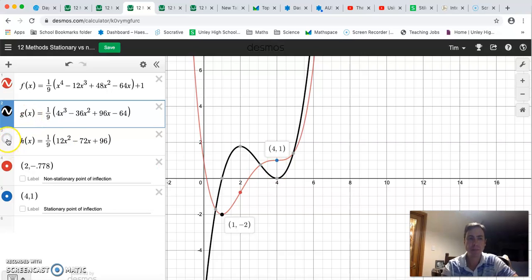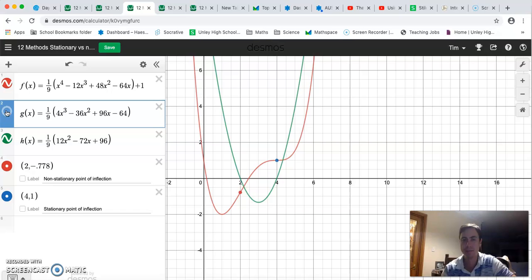So the key takeaway for this video, I'll say it one more time. You can tell the difference between non-stationary points of inflection and stationary points of inflection by looking at both the first derivative and the second derivative. The second derivative, when you set that equal to 0, you will identify points of inflection.